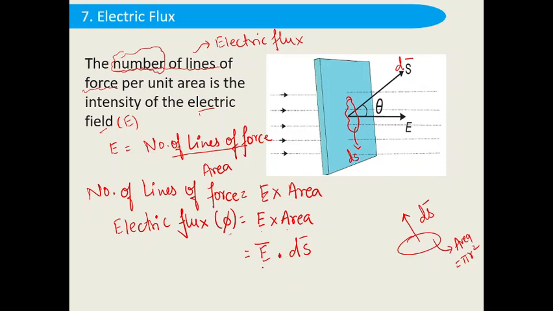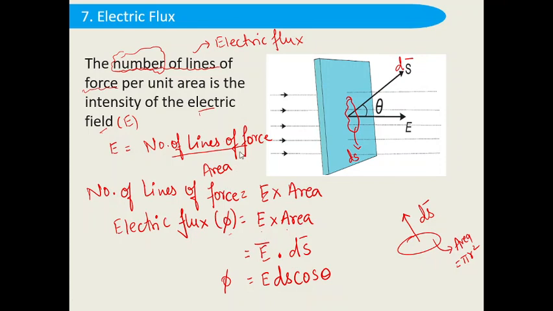Now, what is the formula of A bar dot B bar? The formula of A bar dot B bar is magnitude of A, magnitude of B multiplied by cos theta, so A B cos theta. So phi is equal to E ds cos theta.